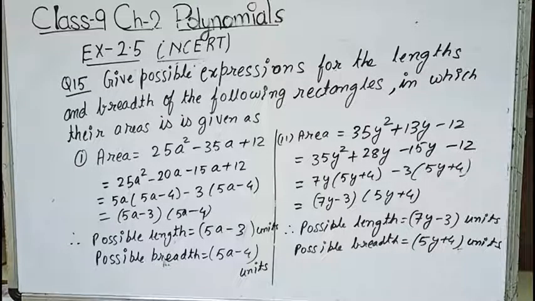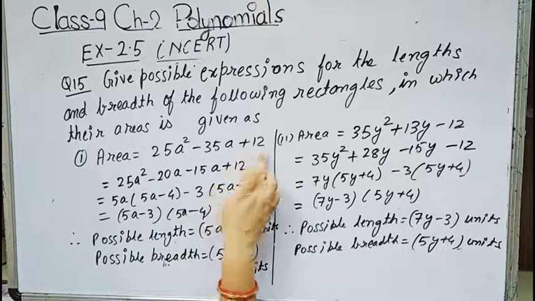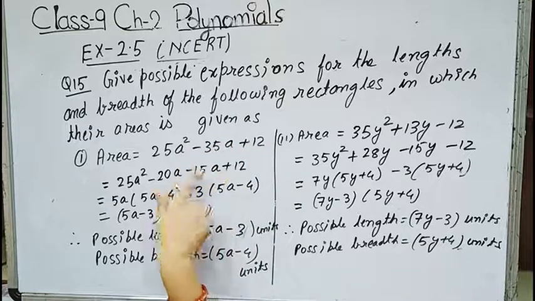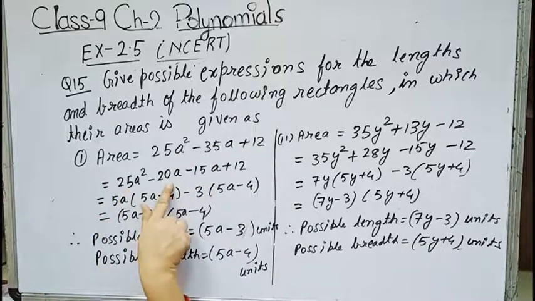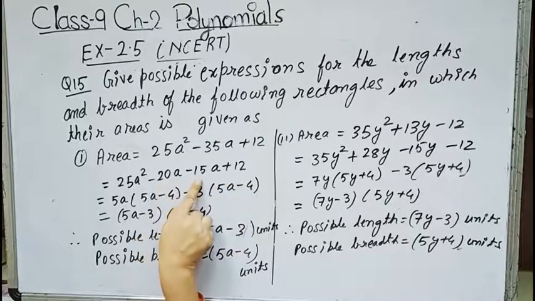Question number 15 is, give possible expressions for the lengths and breadths of the following rectangles in which their area is given as: number 1, area equals 25a square minus 35a plus 12. Since it is a quadratic expression, let us factorize it. So 25a square minus 20a minus 15a plus 12. 20 plus 15 is 35 and 20 into 15 is 25 into 12.